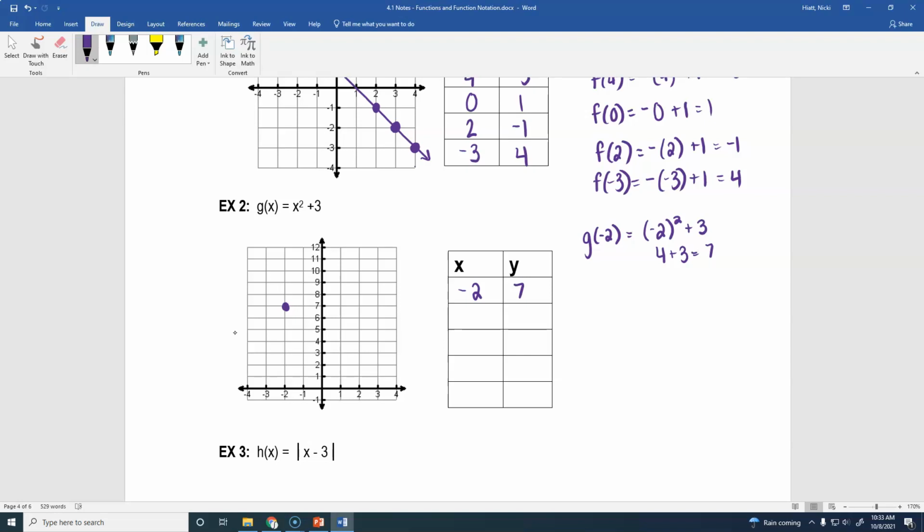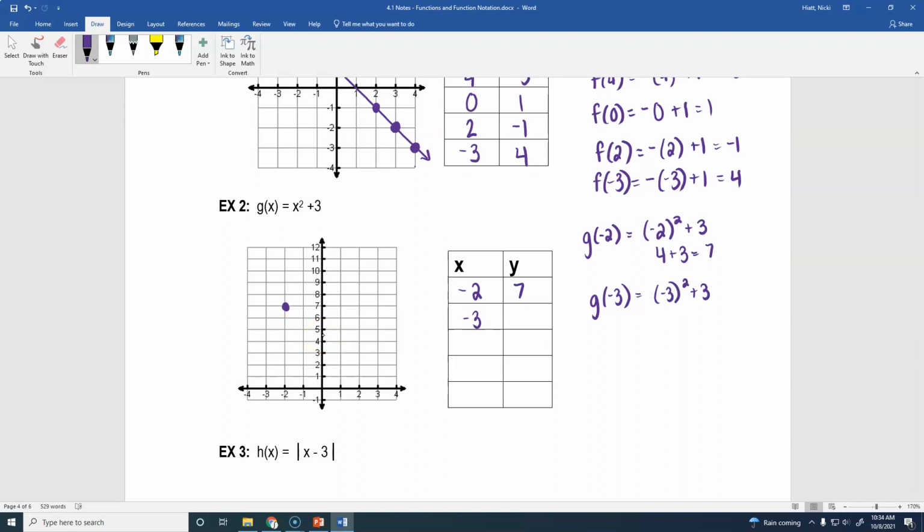Julian, give me another number. Alright, if I do negative 3, g of negative 3 is negative 3 squared plus 3. Julian, what is negative 3 squared?